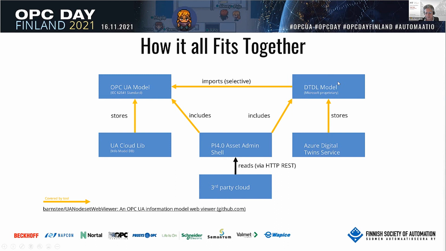But if you want to make those asset admin shells available to your supply chain, because fundamentally the asset admin shell was built and designed for communicating data from one database in one cloud to another database that is most likely in another cloud platform independently, you can use the asset admin shell as a container format and distribution mechanism for the metadata contained within it. And you can also stick it into a web server and make it available for download for your customers.